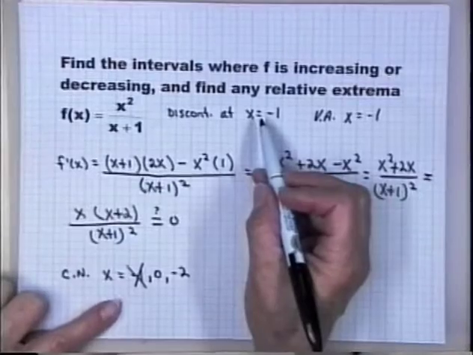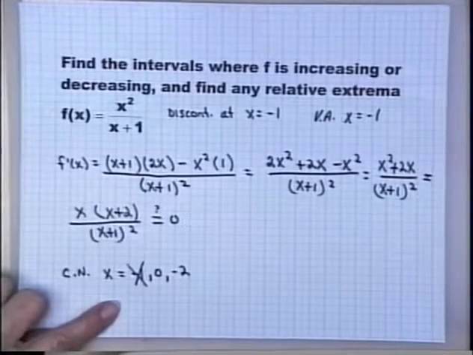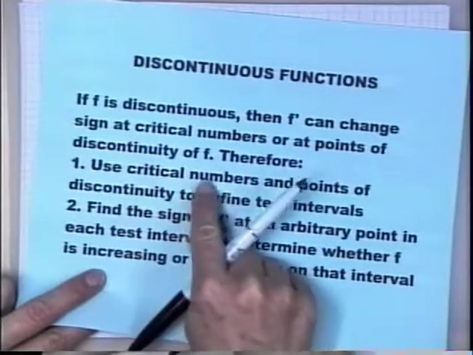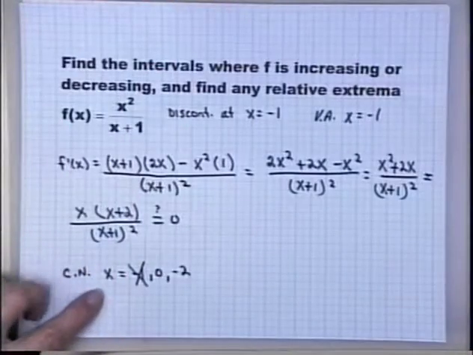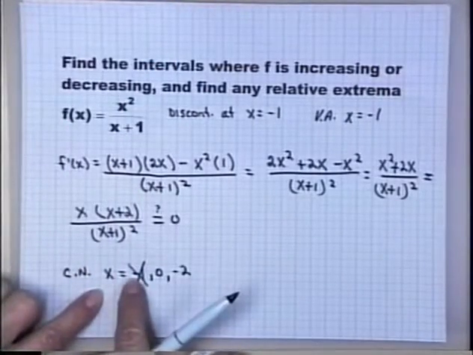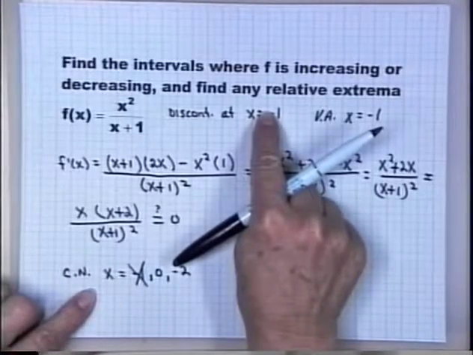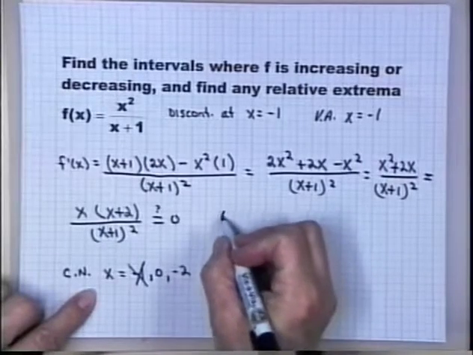But when we set up our test intervals, recall on this discontinuous function thing, we're not only going to use critical numbers, but we're also going to use points of discontinuity. So, although negative 1 is not technically a critical number, it is a point of discontinuity, so it will be used to set up our test intervals.